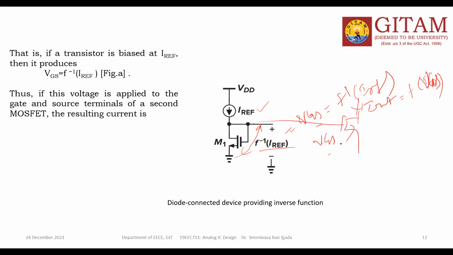What is the VGS here? Inverse function of I reference. So that I out is equal to the function of the inverse function of I reference. So I out is equal to I reference. Understand? That is the way you can copy this. This small one is called the copy circuit here.